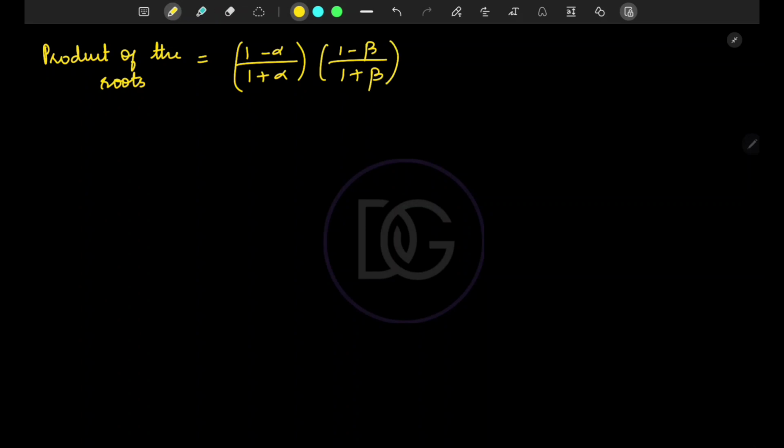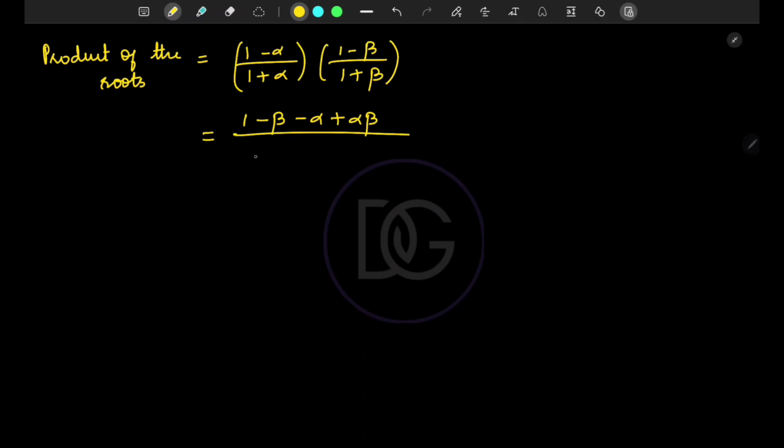Now move on to the product of the roots. (1 minus alpha) by (1 plus alpha) into (1 minus beta) by (1 plus beta). Just multiply: 1 minus beta minus alpha, minus into minus is plus alpha beta.